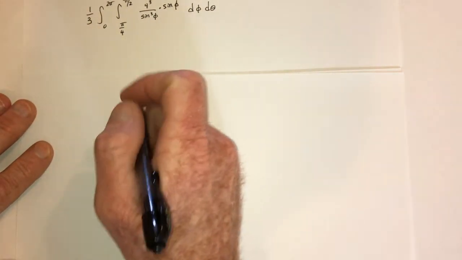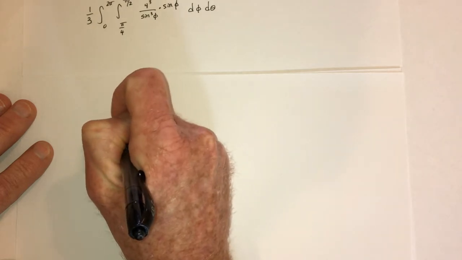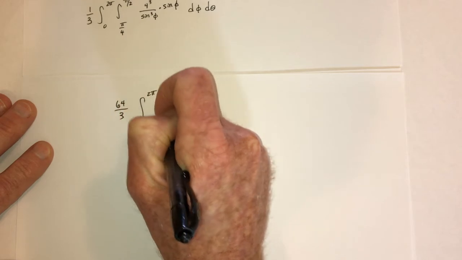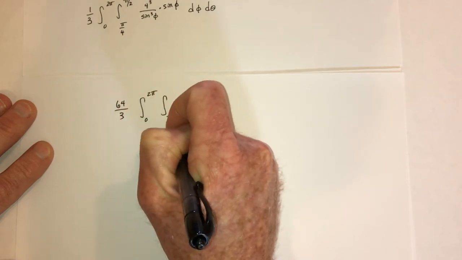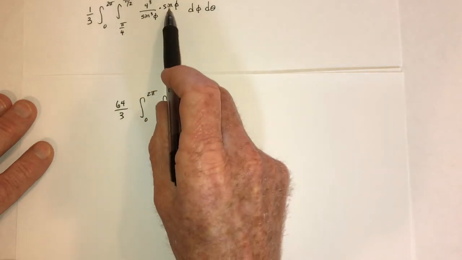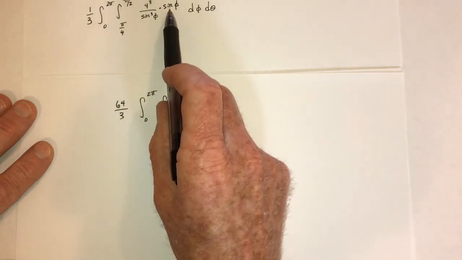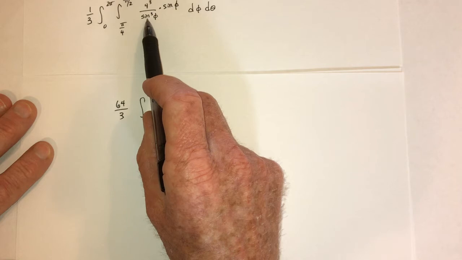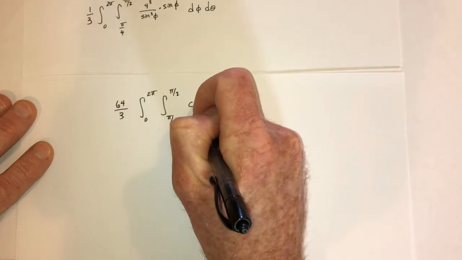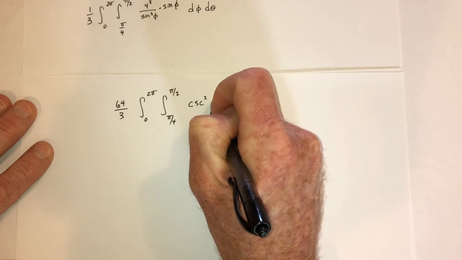So 4 cubed is 64. You could factor that out, 64 thirds. And then what's left is 1 over sine squared. And 1 over sine squared, that means that it's cosecant squared.